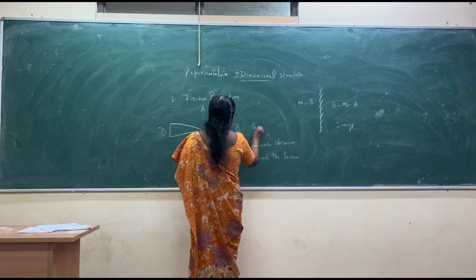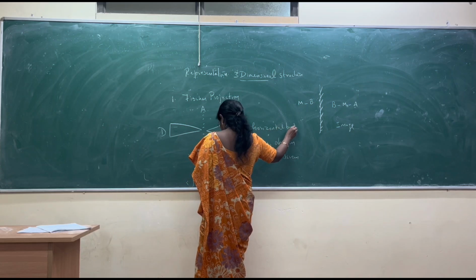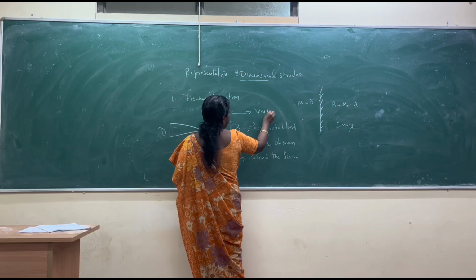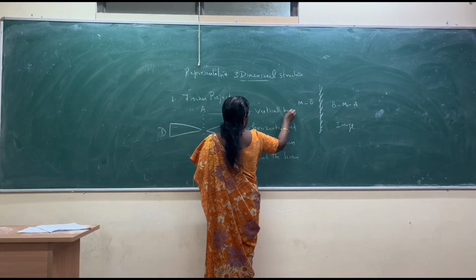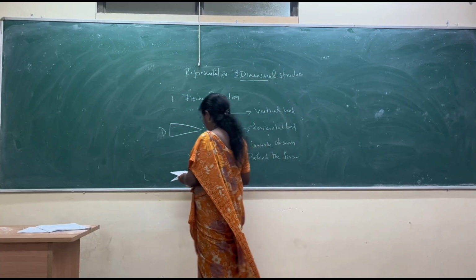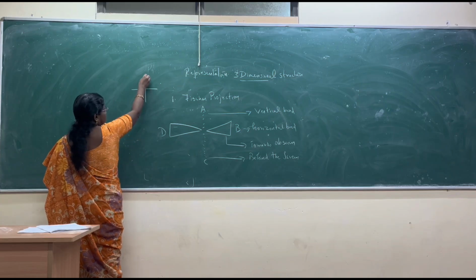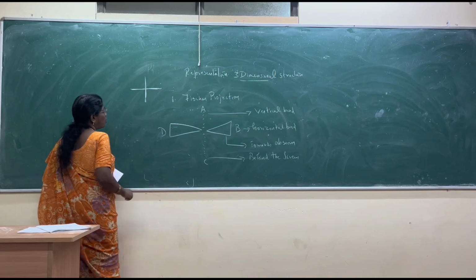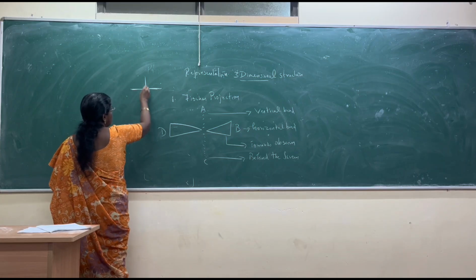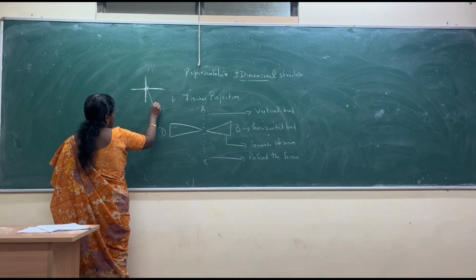There is a horizontal bond and a vertical bond. The Fischer projection is represented as a plus sign, with one vertical bond and one horizontal bond. There are four substituents, A, B, C, D, on the vertical and horizontal bonds. The center is called a chiral center.